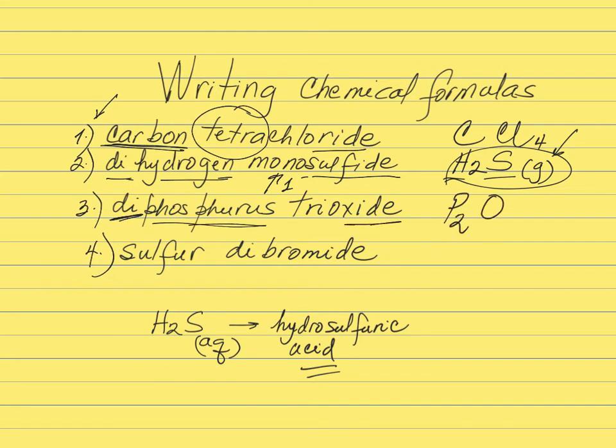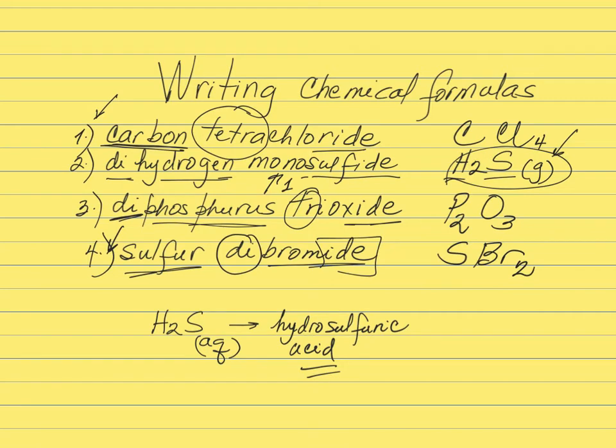Oxide comes from oxygen, 3 over here, 3. Sulfur, I don't have anything in there, that means that I have 1. Bromide, 2 of them. There you go. Questions about that? No, you don't have any questions about that.